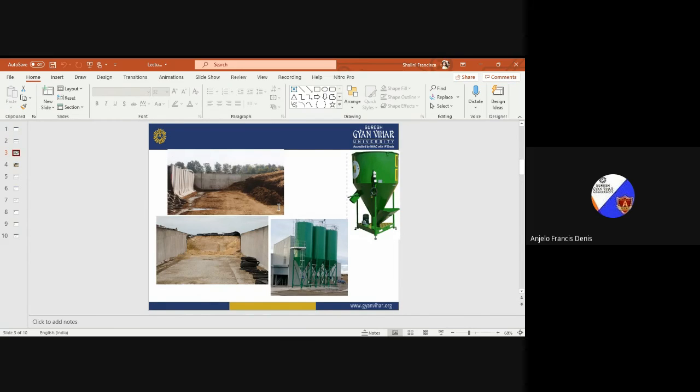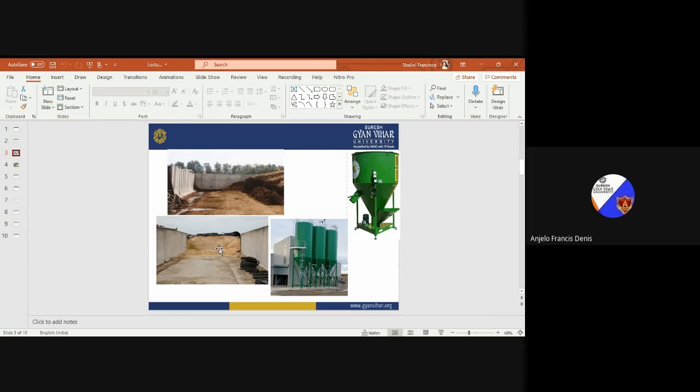Here we can see some images of different types of storage structures which are used in India as well as abroad. The first image and the second image are of trench silos.